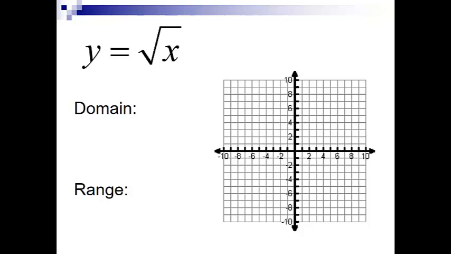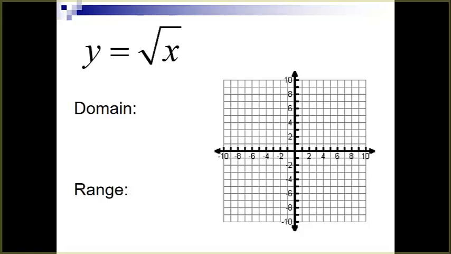We're going to do the parent here and see what the parent actually looks like. In every single one of these, you want to use the exact same x and y values, and they are going to be perfect squares. For example, I'm just going to have 0, 1, and 4.